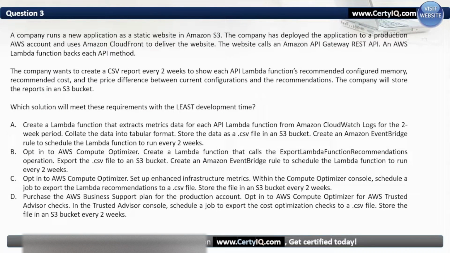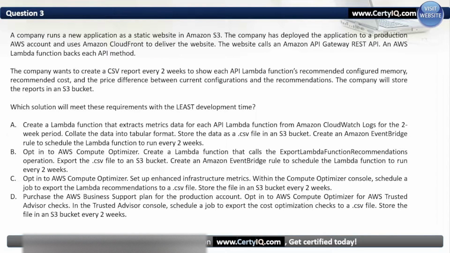Question 3. A company runs a new application as a static website in Amazon S3. The company has deployed the application to a production AWS account and uses Amazon CloudFront to deliver the website. The website calls an Amazon API Gateway REST API. An AWS Lambda function backs each API method.